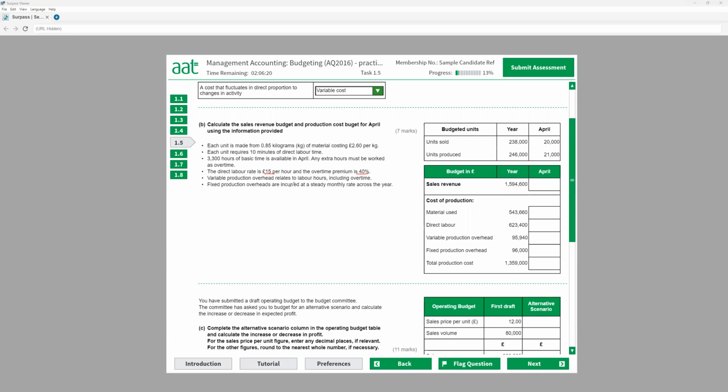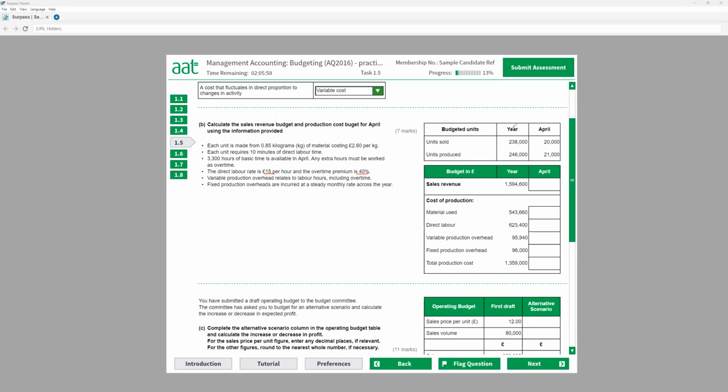Variable production overhead relates to labor hours, including overtime. Fixed production overhead is incurred at a steady monthly rate across the year. That means the fixed production overhead is fixed. If it is for the whole year, we just need to divide by 12 to find out how much it is per month.